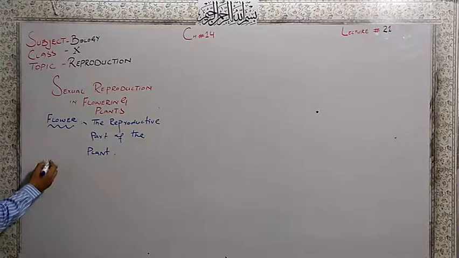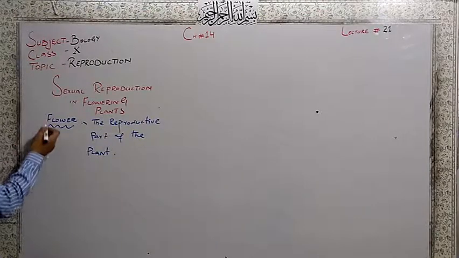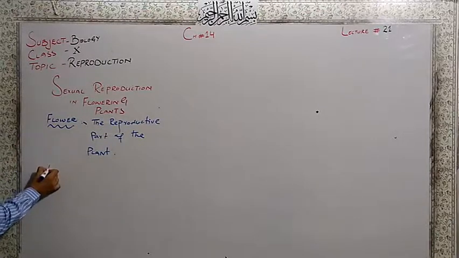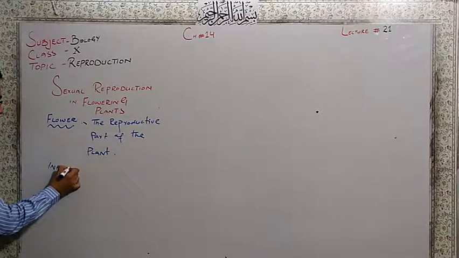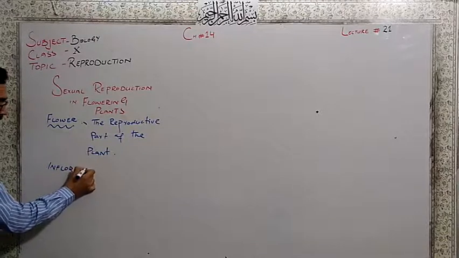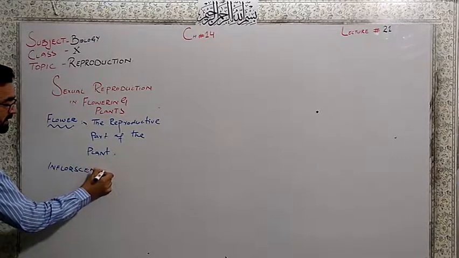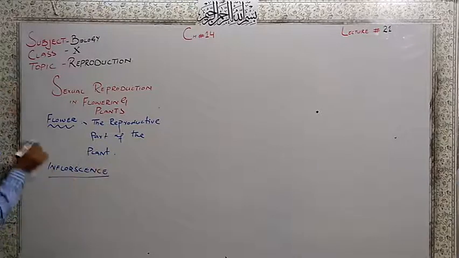And the arrangement of flowers: if we have a single flower, it is called a solitary flower, but if flowers are in a group, the arrangement of flowers on the plant is called inflorescence.